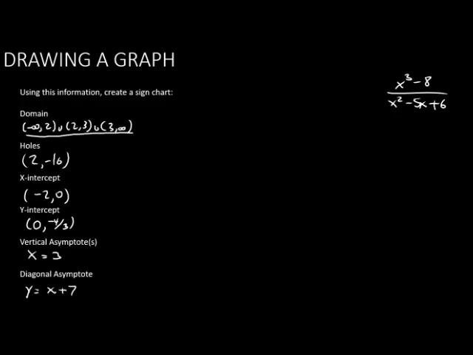Now that we've collected all of our information about the asymptotes, intercepts, holes, and domain, we can create a sign chart. As always, when we create our sign chart, we will mark the x-intercepts and vertical asymptotes. Note that the x-intercepts will always be closed circles, and the vertical asymptotes will be open.